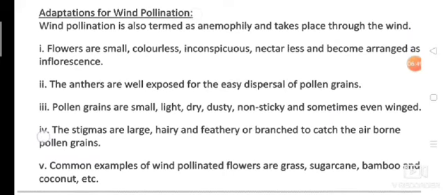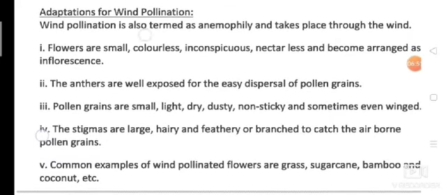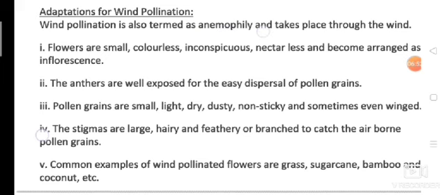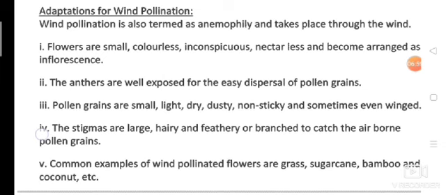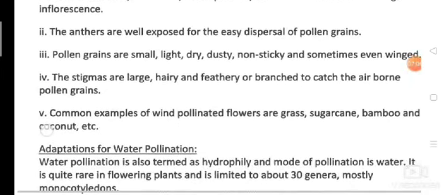Adaptation of wind pollination. Wind pollination is also termed anemophily and takes place through the wind. Flowers are small, colorless, inconspicuous, nectarless, and arranged as inflorescence. The anthers are well exposed for easy dispersal of pollen grains.